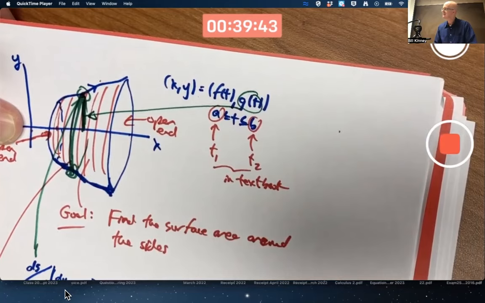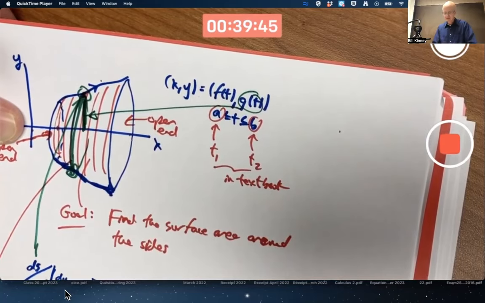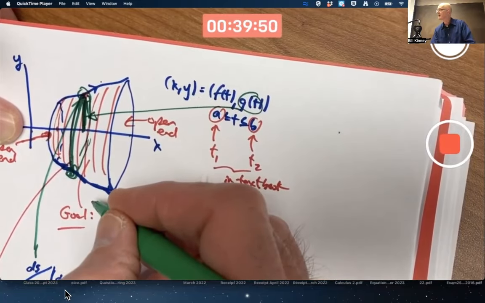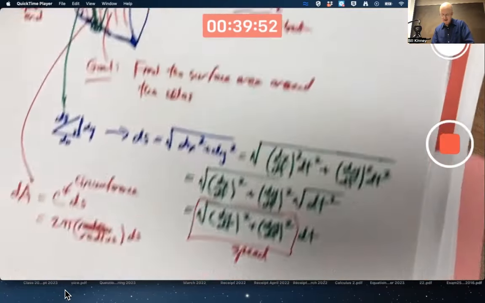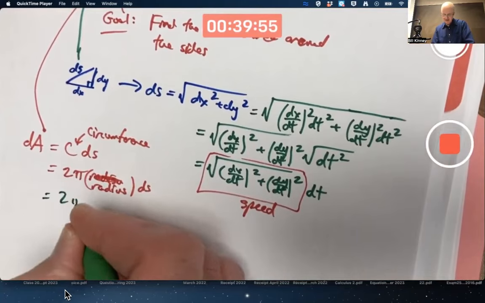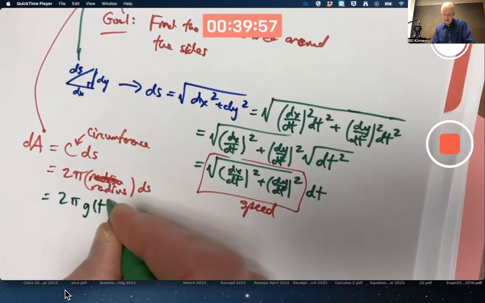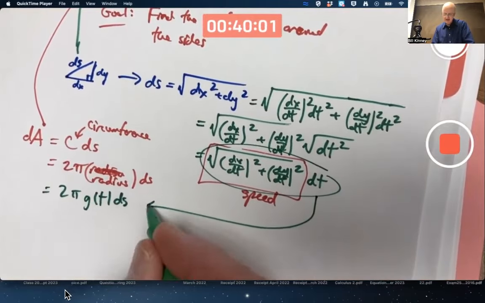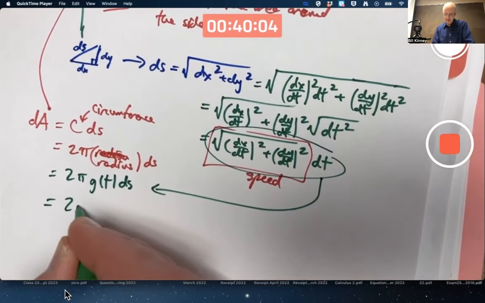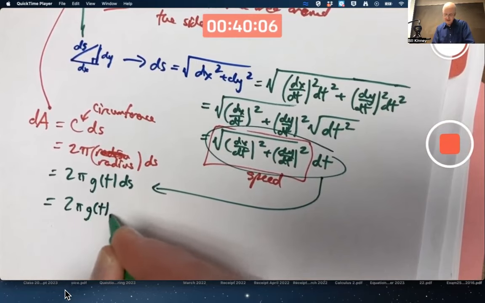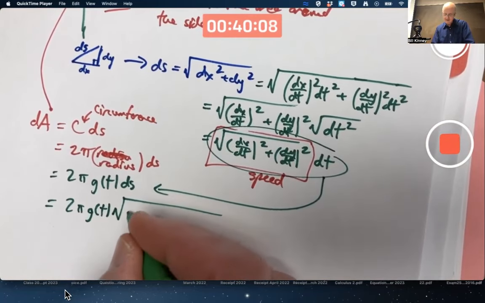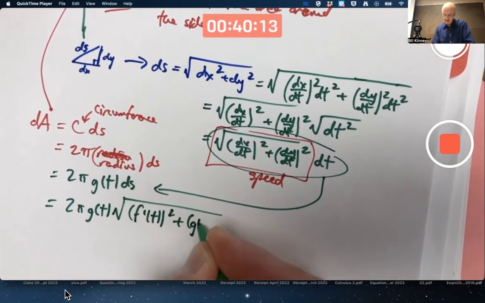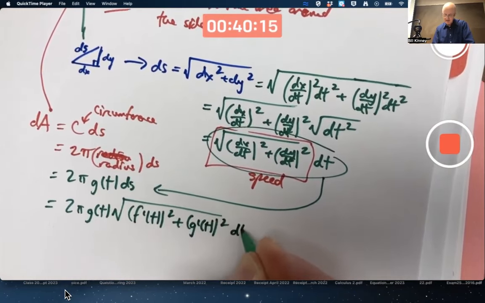That's the radius of the circle that I'm trying to draw with three-dimensional perspective. This is 2 pi g of t ds, and then replace ds with this thing. dA is 2 pi g of t times square root of f prime of t squared plus g prime of t squared, dt.